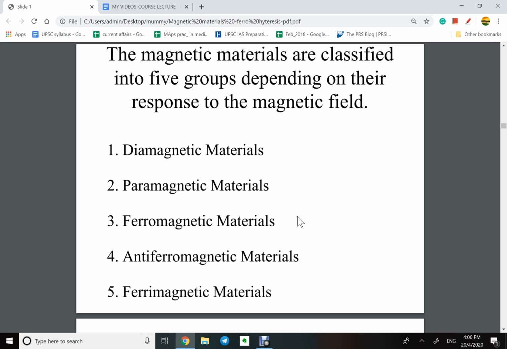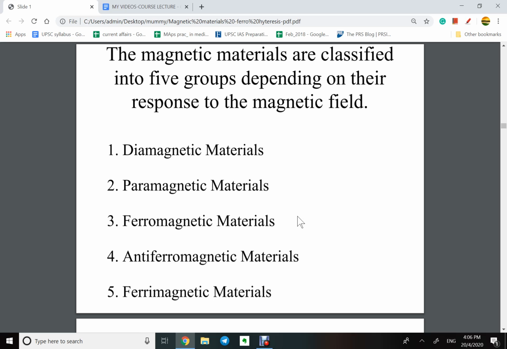So before that, let us recall what are the definitions we have seen. The definitions are magnetic flux density, magnetic field intensity, magnetization, magnetic susceptibility, magnetic permeability. These parameters are very essential to understand the properties of magnetic materials.